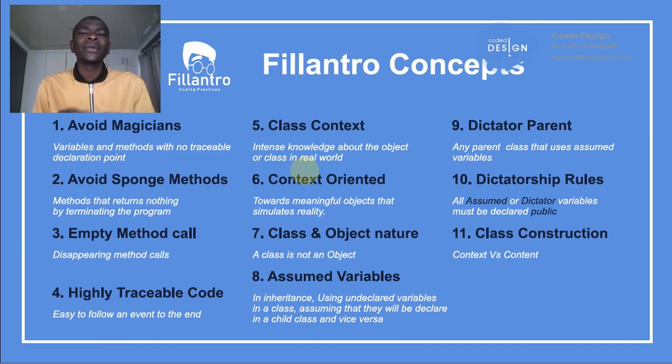So it becomes an empty method call because it just disappears. However, if you call that method and display it, for instance, you say echo renderName, and that method returns Matthew as a string, then the name Matthew can be rendered on an HTML page. But if you just call the method renderName without echoing it, it will just disappear. So it will be an empty method call.